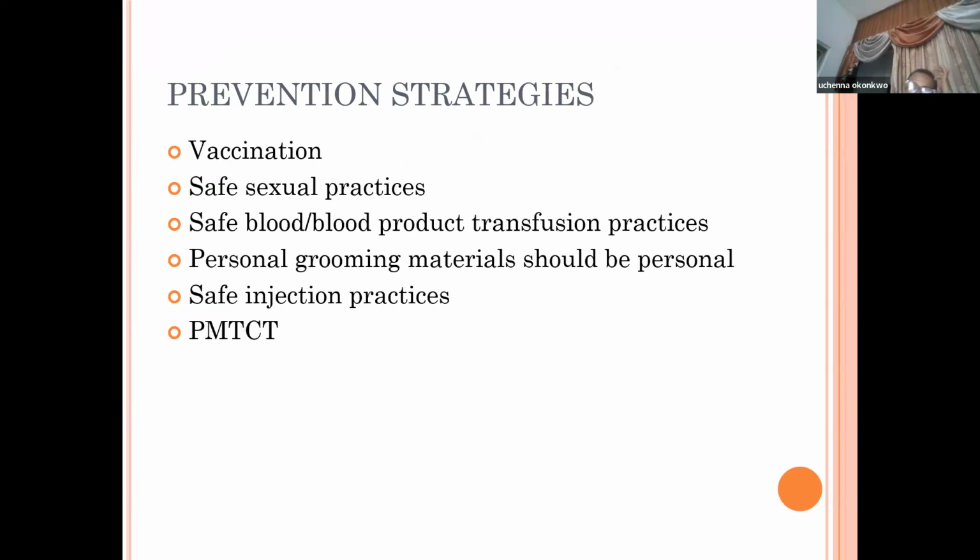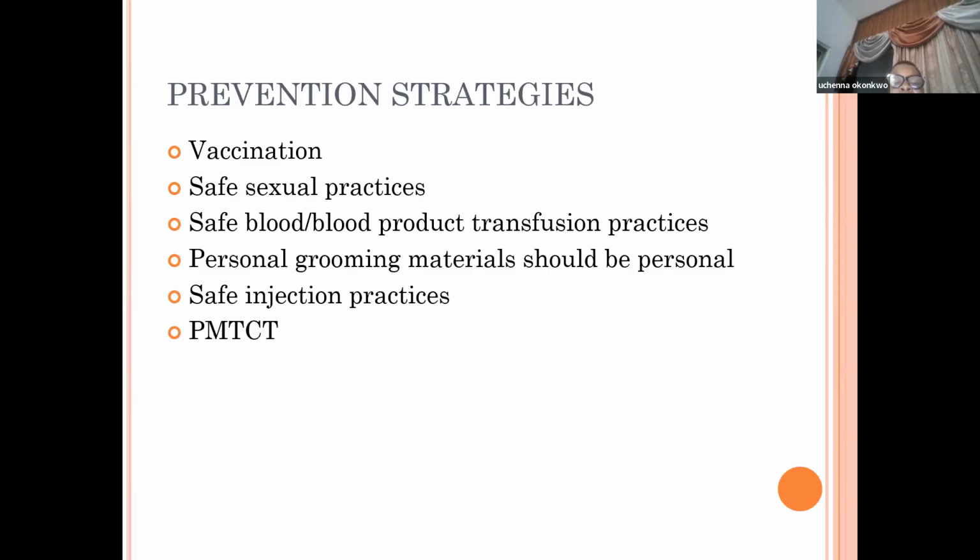Now, preventive strategies. Hepatitis B virus is preventable, and vaccination is the key to prevention. A few years ago, maybe 10 years ago, we did a brief survey of traders somewhere in the southern part of Nigeria.